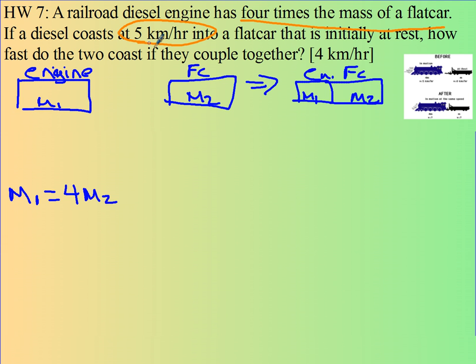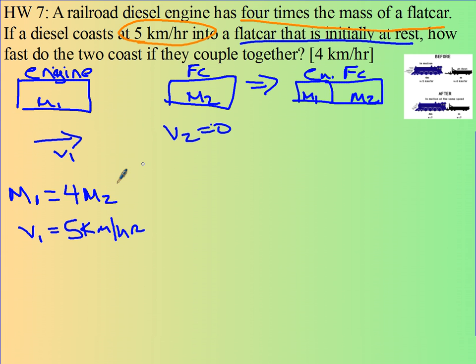Now the diesel engine starts, so this is V1 at 5 kilometers per hour. And the flat car is initially at rest. So V2 is 0. Now after the collision, I know they're going to go off at some final velocity. And we want to find that final velocity.